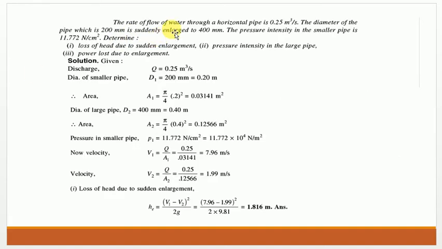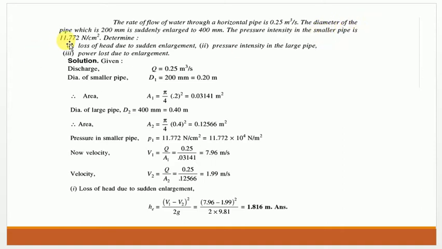The rate of flow of water through a horizontal pipe. So the pipe is horizontal. The flow rate is given, which is 0.25 meter cube per second. So per second it's 0.25 meter cube. If you multiply by 1000, it will work out to be around 250 liters per second, right?